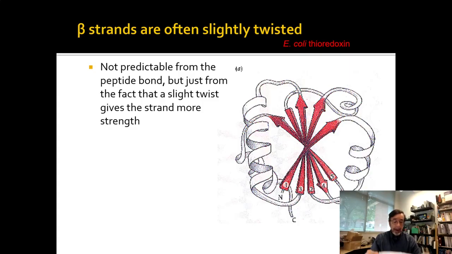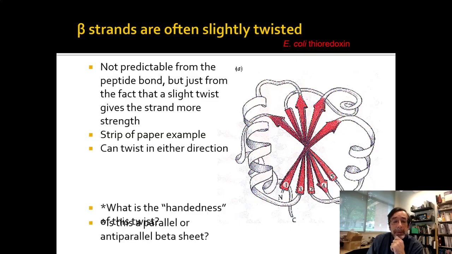And so if you have a bunch of strands that are twisted in the same way, they can line up just fine, and they can gain more strength for that particular beta sheet. Now, if you just looked at this picture, you'd be able to tell that you actually can have left-handed or right-handed twists, because you have both of them represented in this figure.